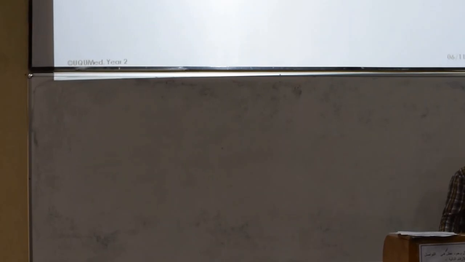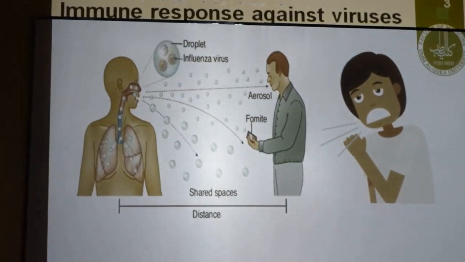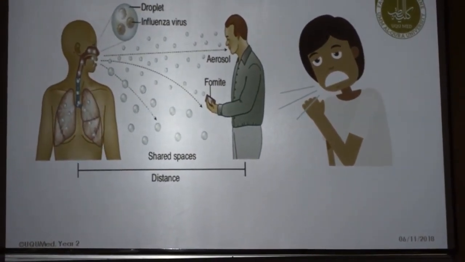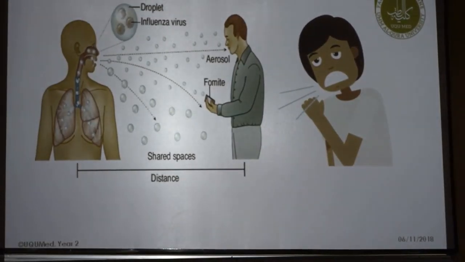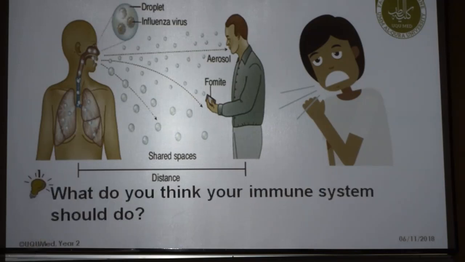What is special about viral infection is that if somebody has, for example, an influenza infection, and they cough or sneeze, and you are at a distance of around 6 feet, you are prone to pick up the infection through droplet nuclei, or influenza viruses in the droplet, or the shared things, or the common articles that you use. For example, mobiles commonly can transmit the infection.